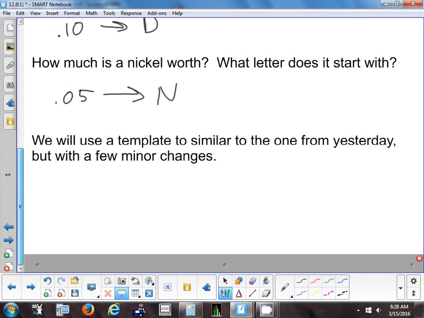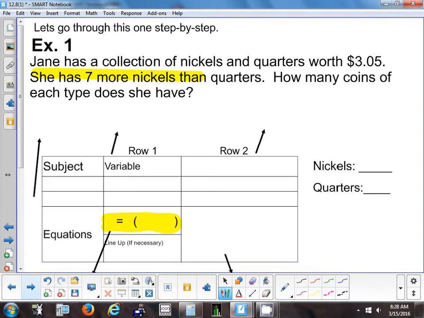We're going to use almost the same template as yesterday. One equation has to do with value, what it's worth. And then another equation has to do with amount. How many coins do you have? Those will enable us to figure out the problem.